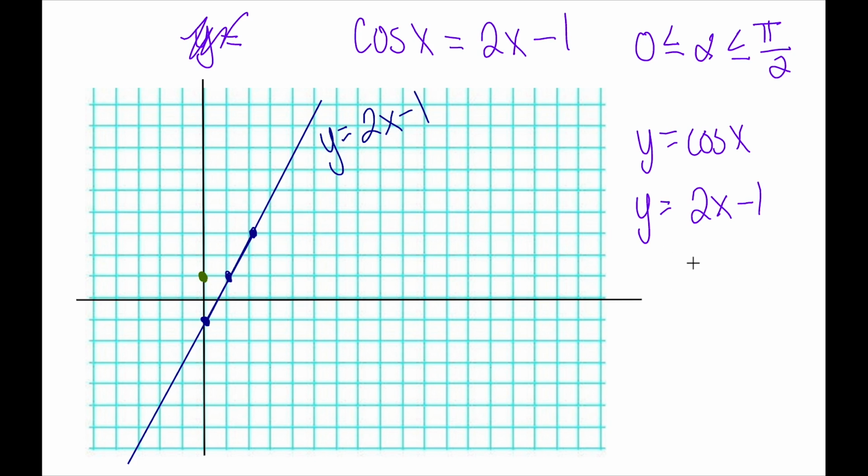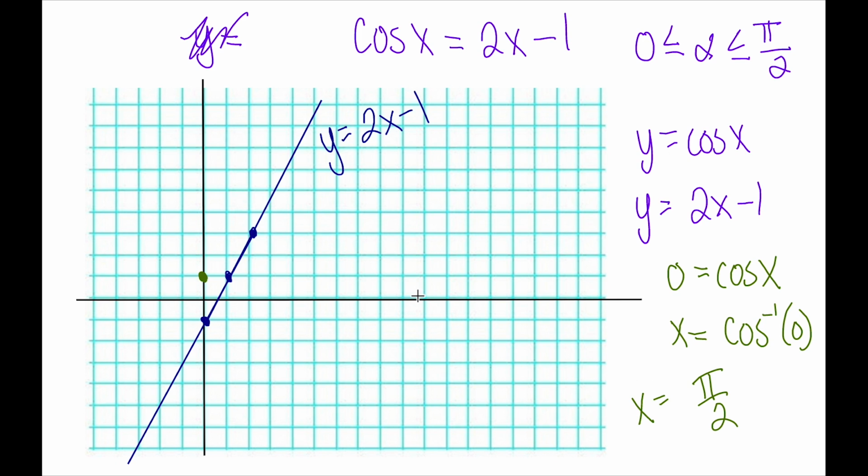To find the x-intercept, I set the cosine of x equal to 0. The x-intercept is the inverse cosine of 0, and that equals pi over 2. That's my x-intercept.